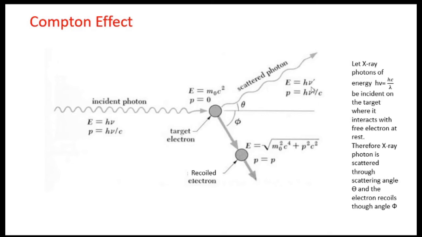The relation I have used here is nu dash into lambda dash is equal to c, and its momentum is given by h nu dash upon c. Initial frequency was nu, scattered frequency of the photon is nu dash. Now, what about the recoiled electron? It is a relativistic particle and its energy is given by E is equal to under root of m0 square c raised to the power 4 plus p square c square, and its momentum is taken to be small p.